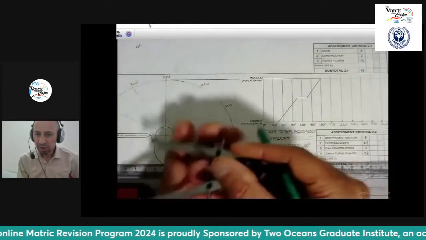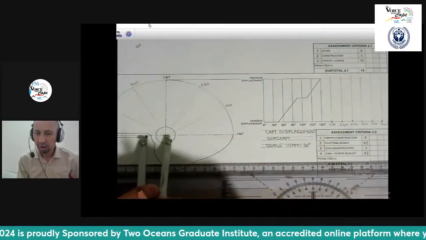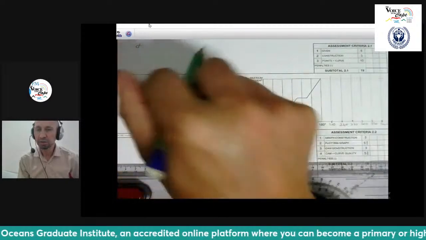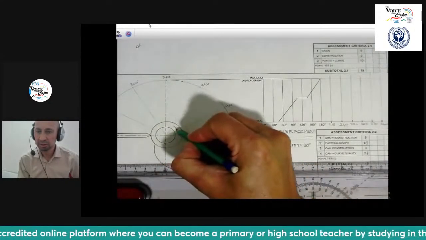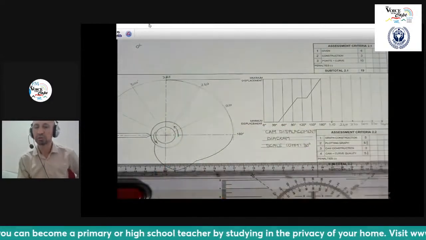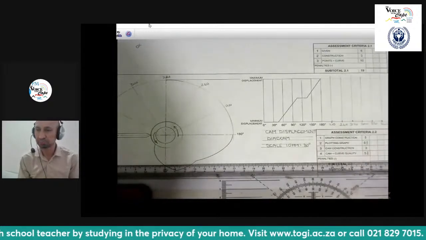As I mentioned, you have a maximum, and between the tip of the follower and the center, that is going to be your minimum radius. So this is your minimum radius, that's your maximum radius. So everything is going to be in this space, and there I indicate with my arrow, it's a counterclockwise rotation.